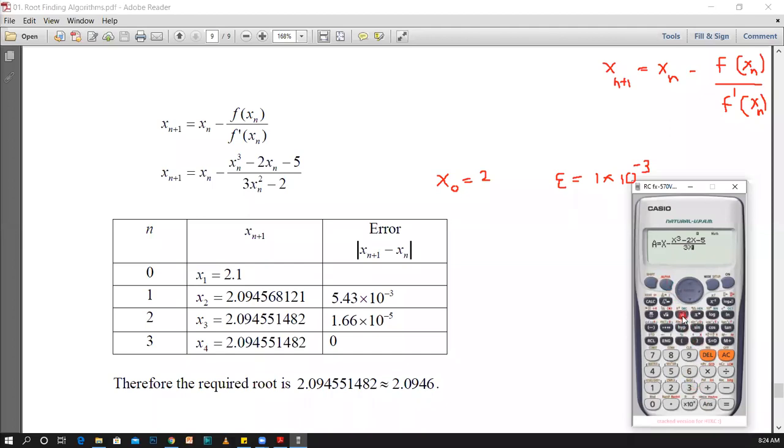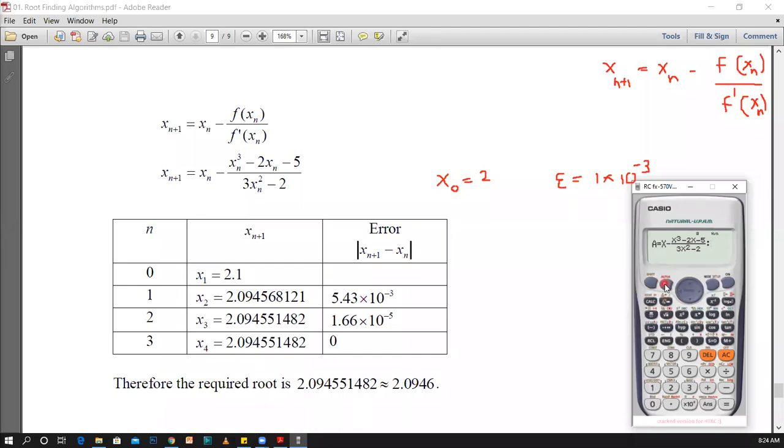x squared minus 2. Now you have given the initial function, and we have to run the loop since we are using the iterative method. The answer that you obtain for a is used for the next value of x. Therefore, you can separate the function using this colon notation.